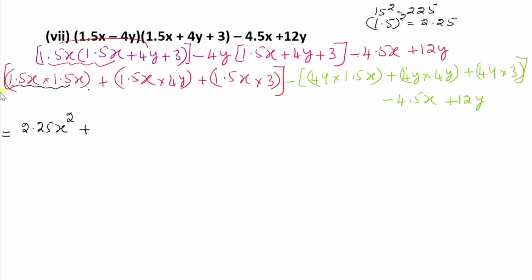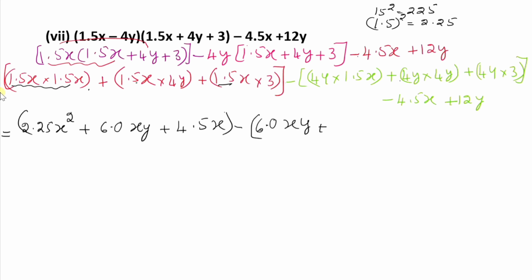Plus 15 fours are 60. You have one decimal place here, so 6.0xy. Plus 15 threes are 45, so you have one decimal place, that's why 4.5x. Minus 15 fours are 60, that is 6.0xy.